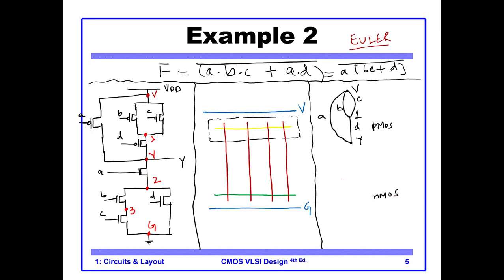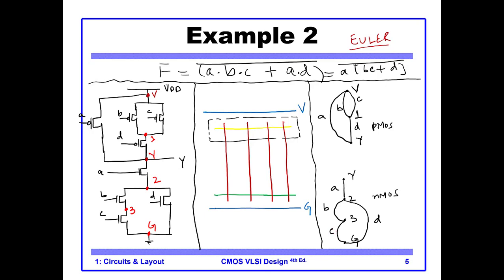We start with Y at the top, then we have 2, then we have point 3, and then we have ground. So between Y and 2 we have the transistor A. Between 2 and ground we have, on one side, the transistor D, and between 2 and 3 we have transistor B, and we also have transistor C.